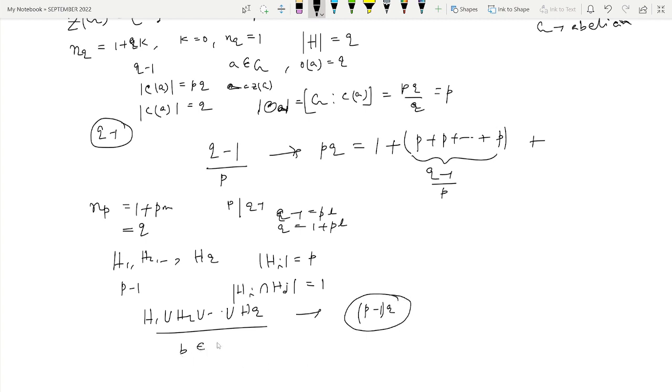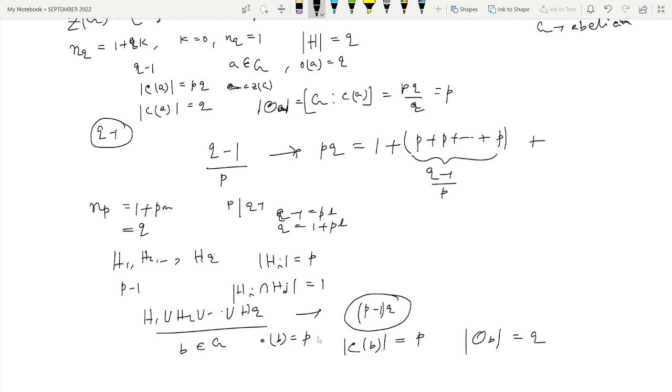and if we take one element B belonging to G such that order of B equals P, then consider the centralizer of this element. Since B belongs to this, that centralizer will also be a multiple of P, and for a similar reason as we discussed above for the centralizer of A, it will be equal to P. So the orbit of B contains PQ by P, so Q elements, each of order P. So there are a total of (P minus 1) into Q elements of order P, and one orbit contains Q elements.